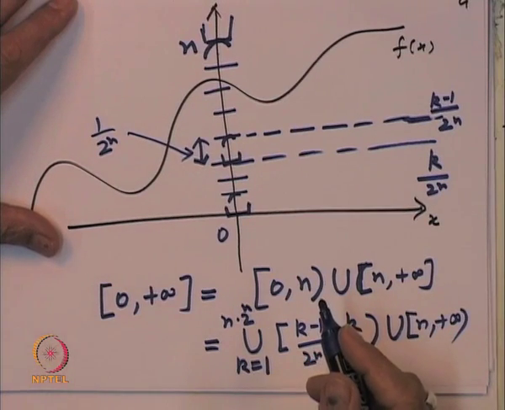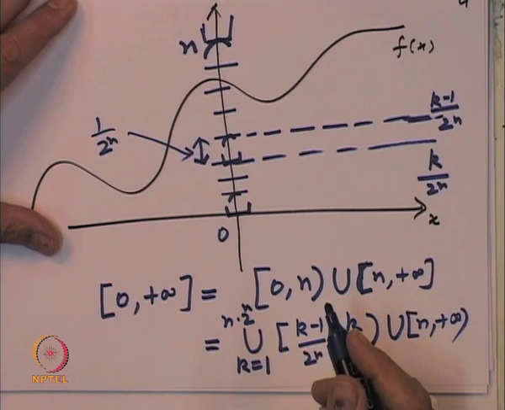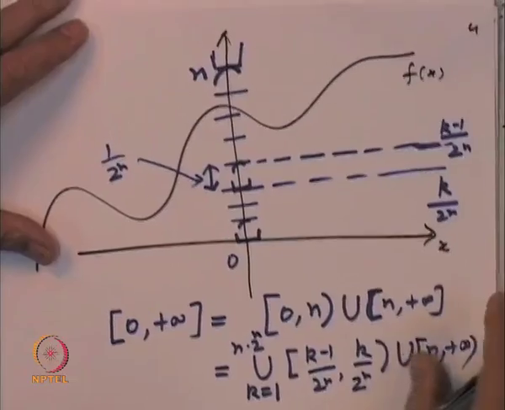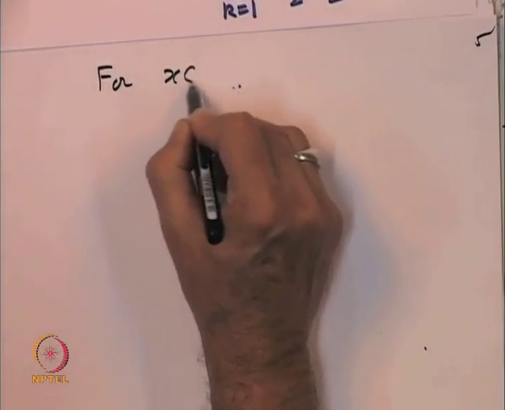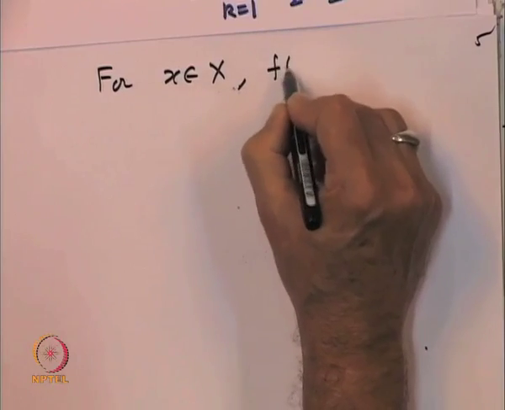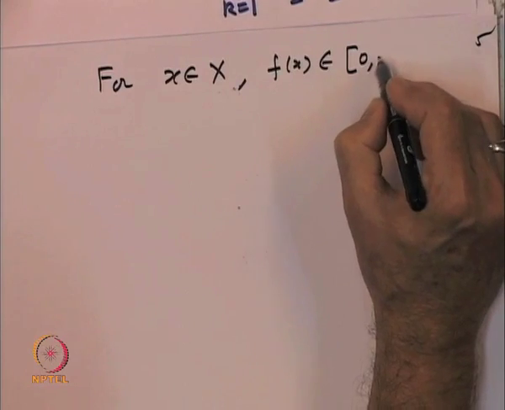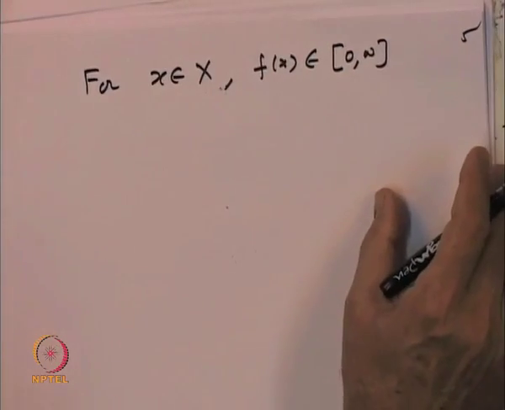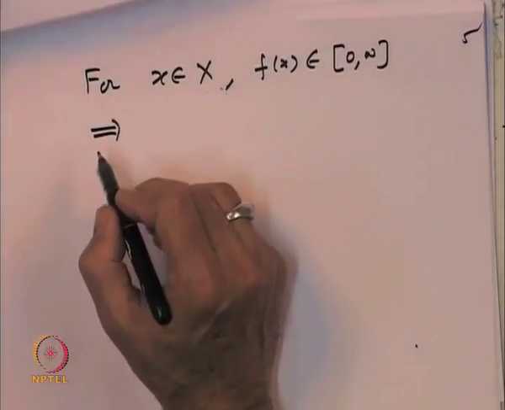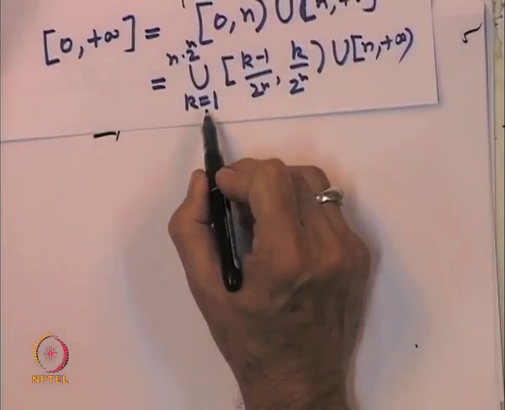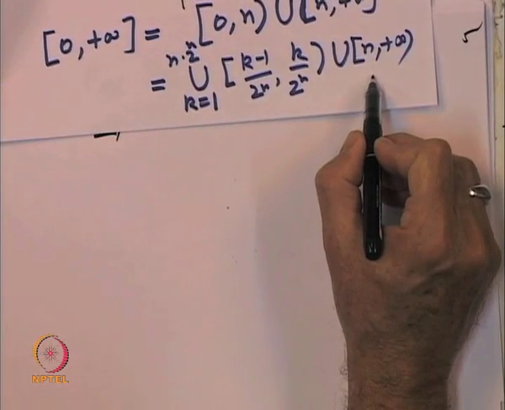Now, for every n I want a function S n of x. So, for any x, look at the value of f of x. For x belonging to X, f of x belongs to 0 to infinity. So this union is a disjoint union.